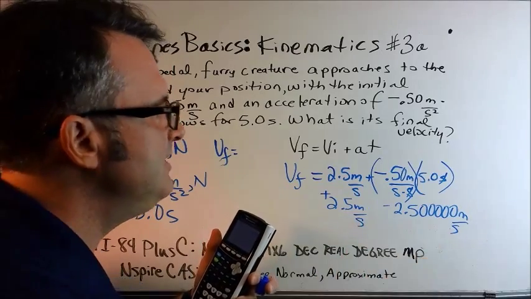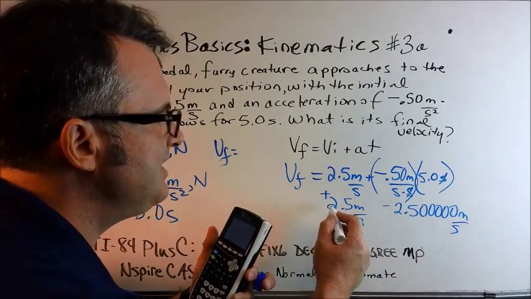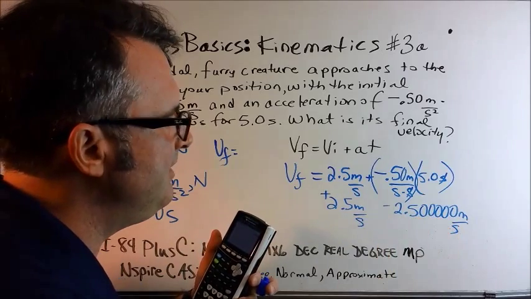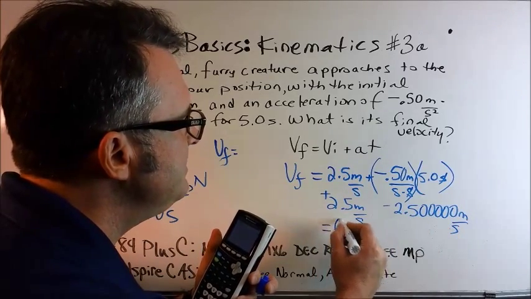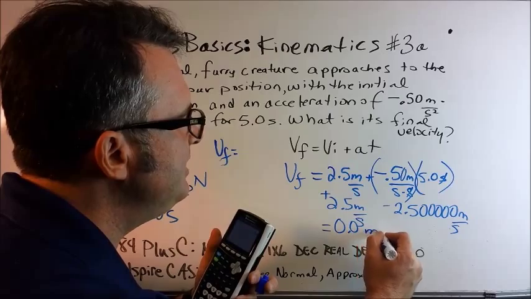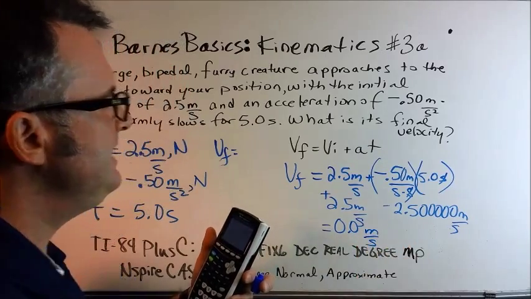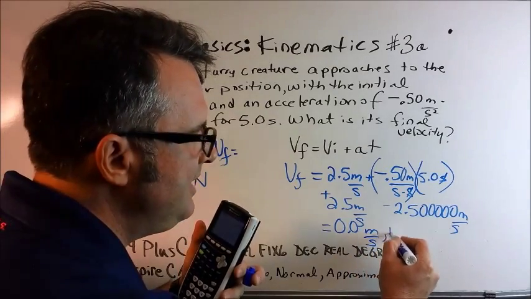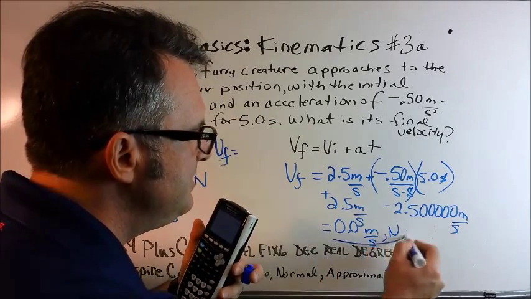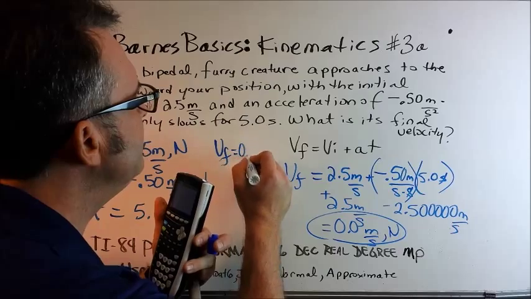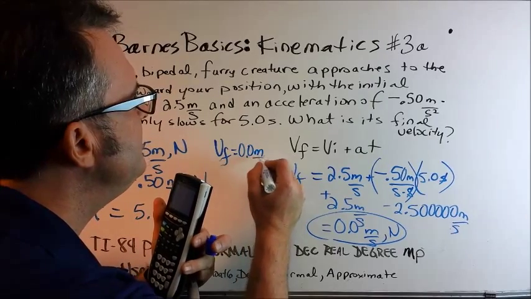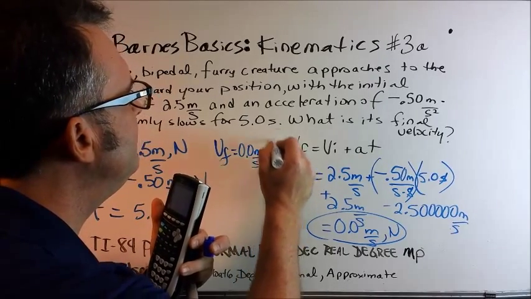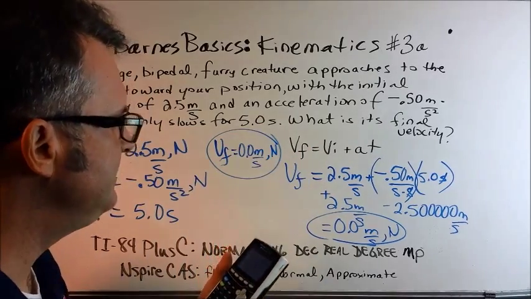We have the same unit, so we can do that. A positive 2.5 and a negative 2.5 equals what? 0.0 meters per second. And we know that this monster was traveling north, so we could say 0.0 meters per second in a direction of north. We can circle that as our final answer.